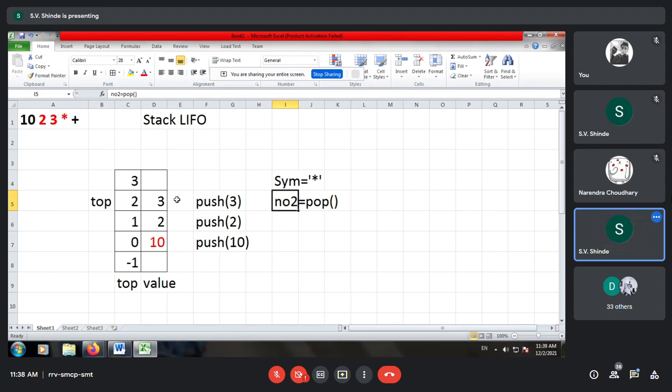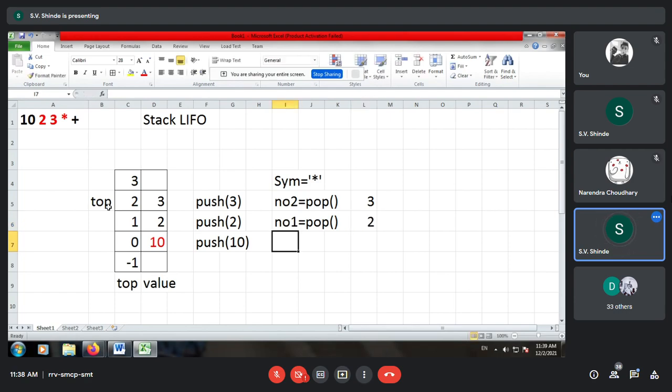Yes, participants. When we pop a number, what will be number 2? So number 2 is nothing but 3. Then we have to pop two numbers. So number 1 will be equal to pop. Again we pop the second number and we get the answer as 2.